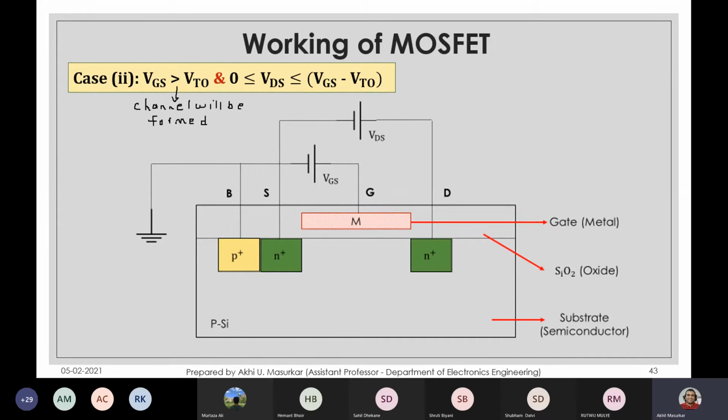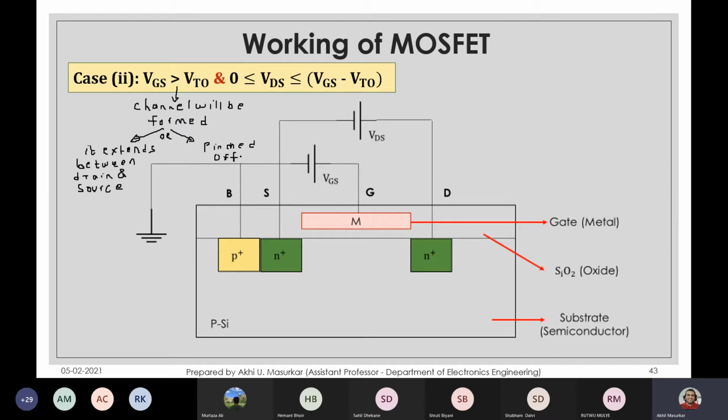Channel will be formed. But we do not know whether it extends between drain and source, or whether it is pinched off.